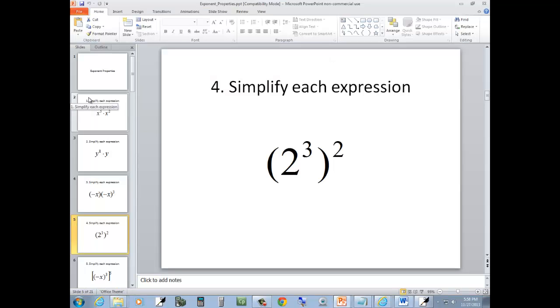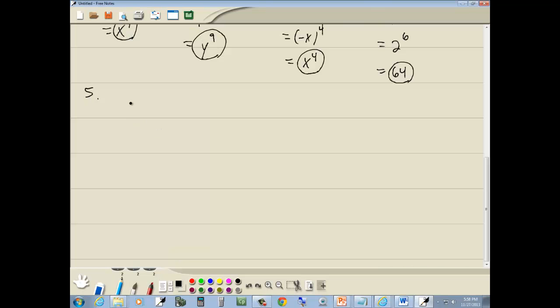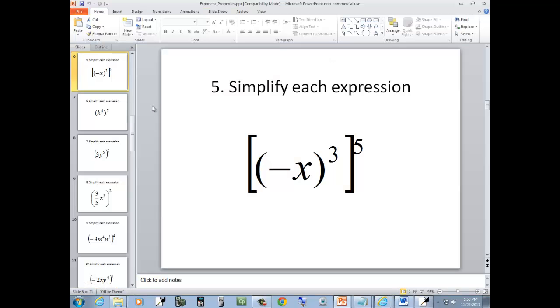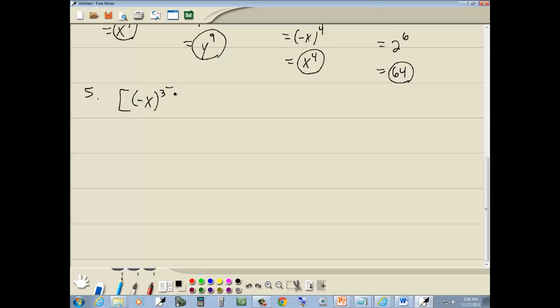Okay, let's look at this one. We got negative x to the third power, all of it raised to the fifth power. Well, again, we're raising an exponent to another exponent. So we're going to have negative x to the 3 times 5.